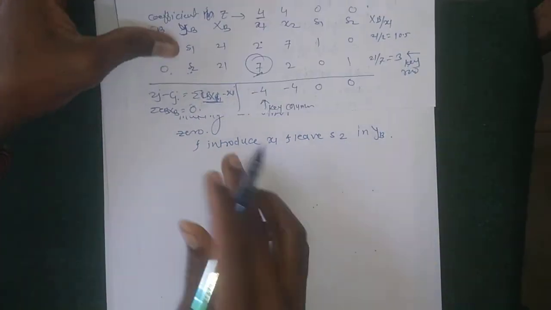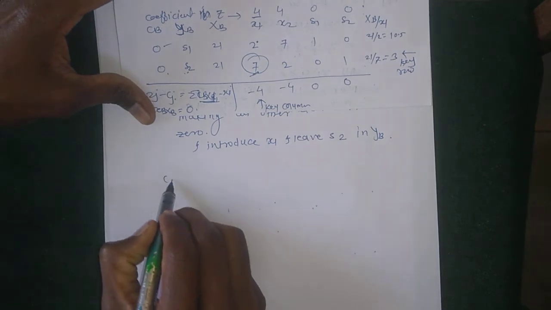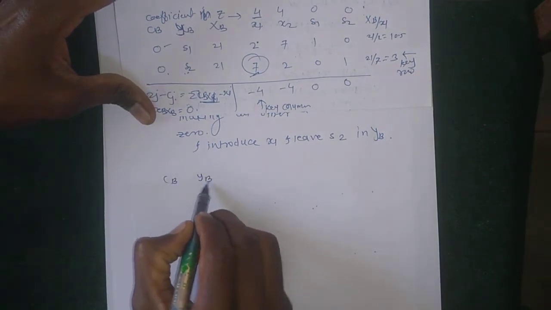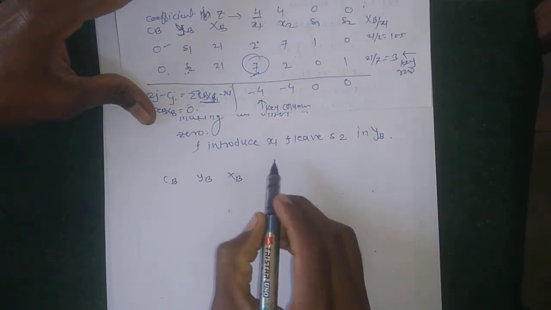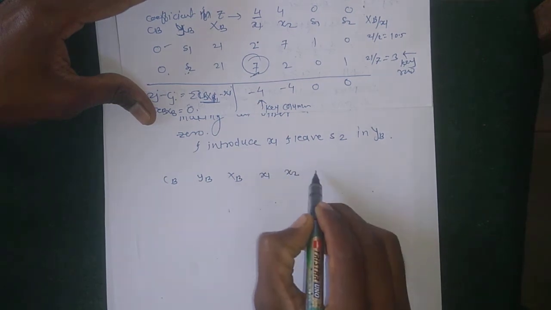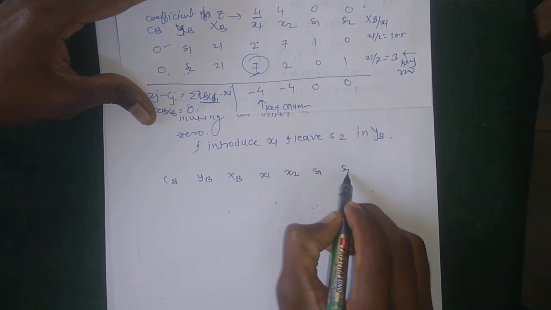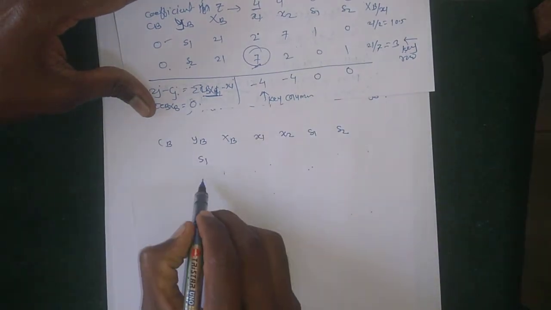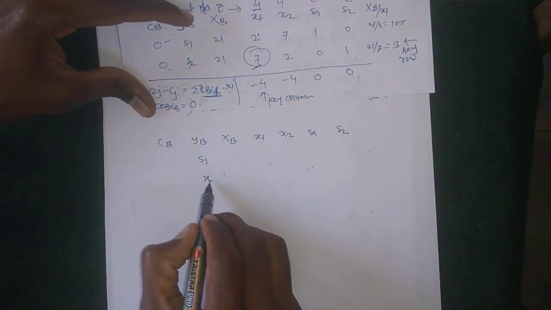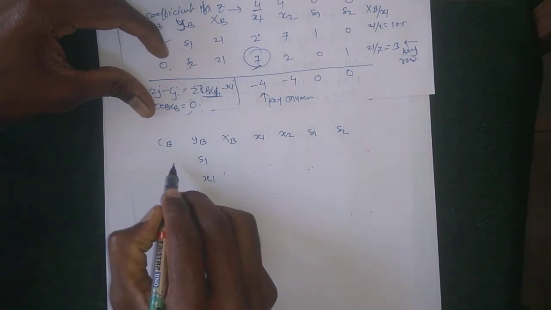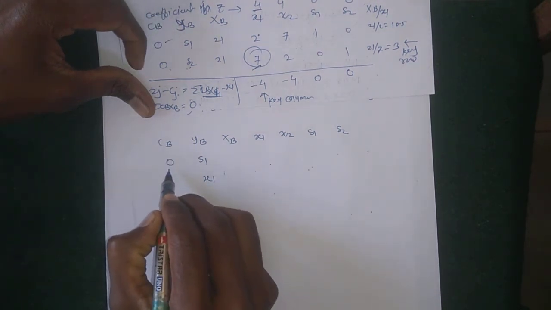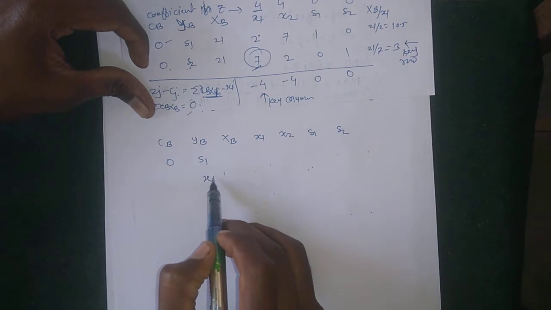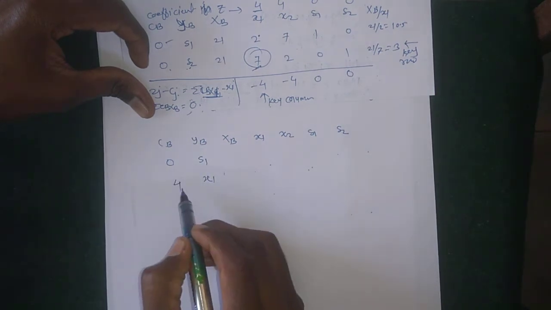So CB, YB, XB, then x1, x2, s1, s2. The basic variables are s1 and x1 replacing s2. Their coefficients are 0 in the objective function, and x1 has coefficient 4 in the objective function.